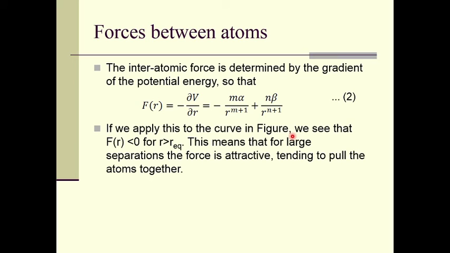If we apply this to the curve in the figure, let us again go back to the figure. At r equilibrium, for r greater than r equilibrium, that means on the right hand side of the equilibrium separation, the force is less than 0, right.